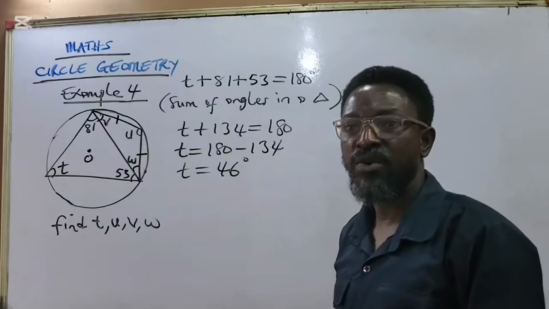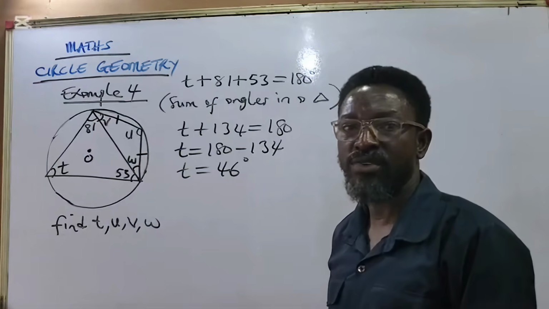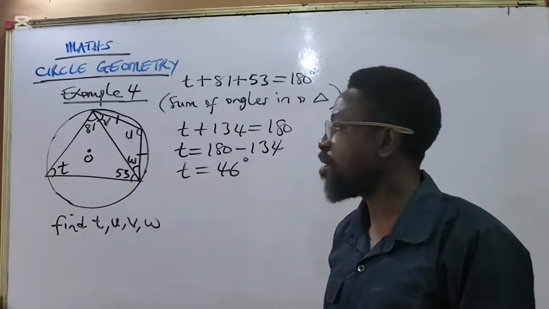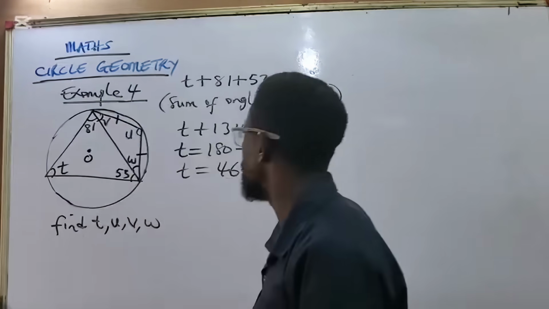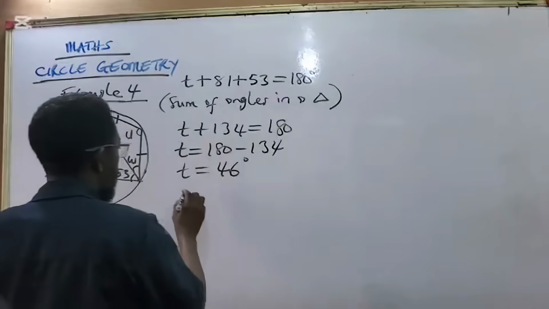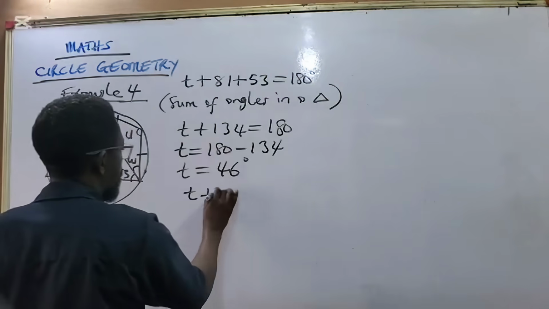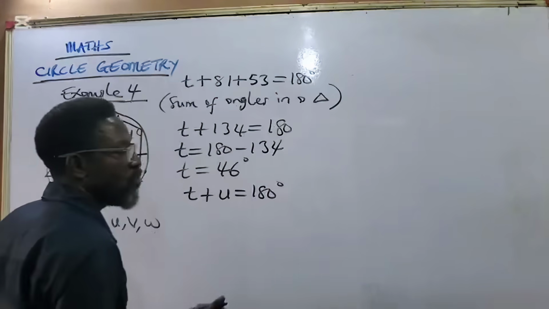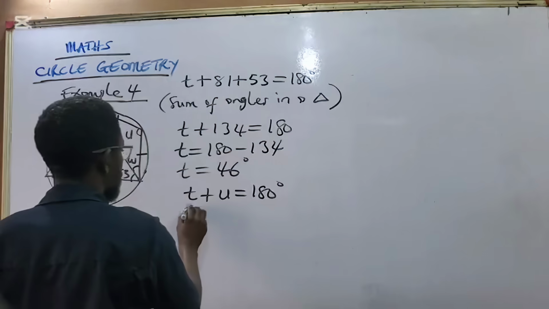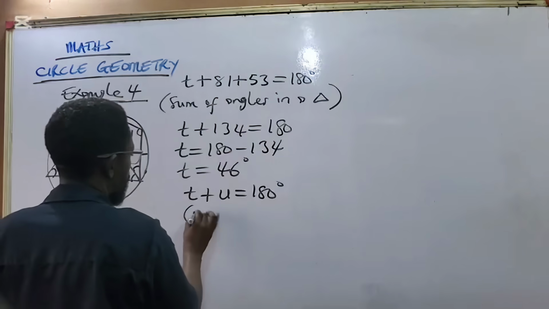So this T and this U, I'll get T plus U equals what? 180 degrees.